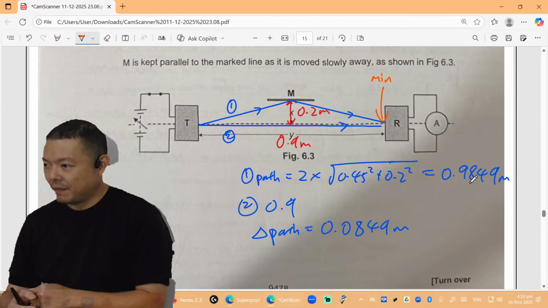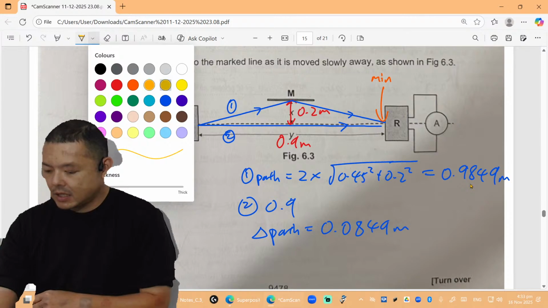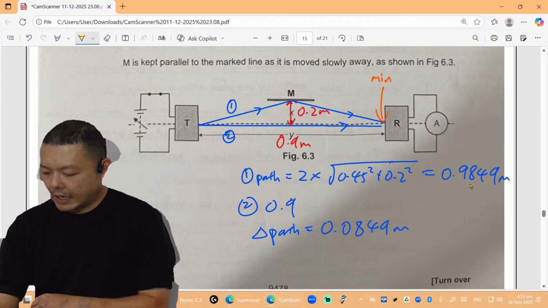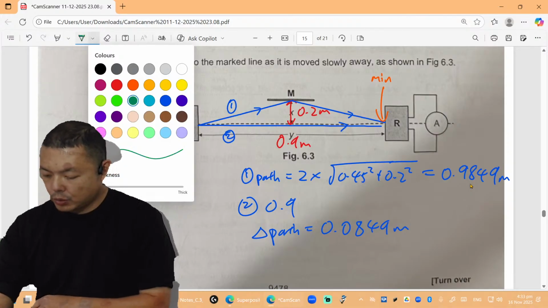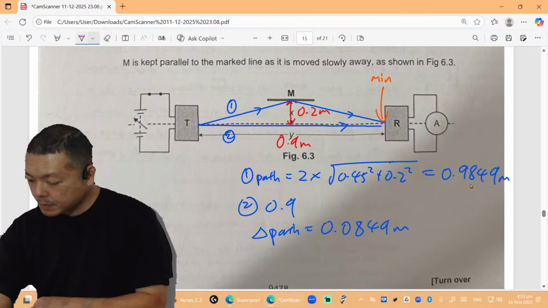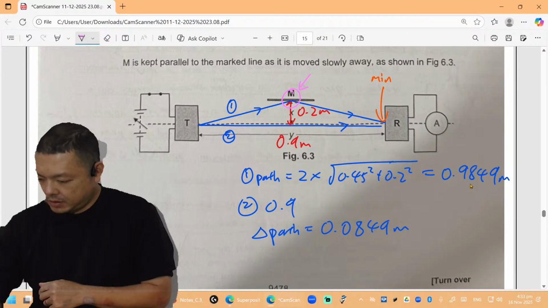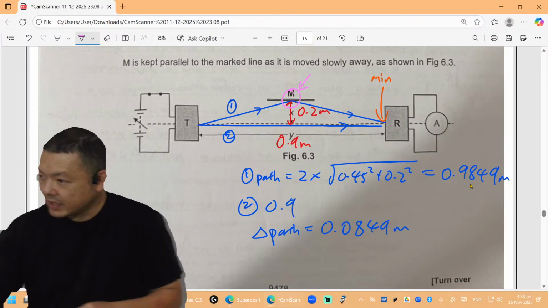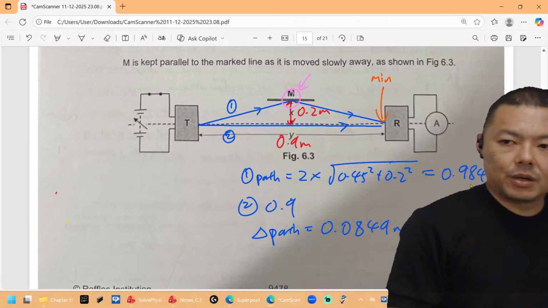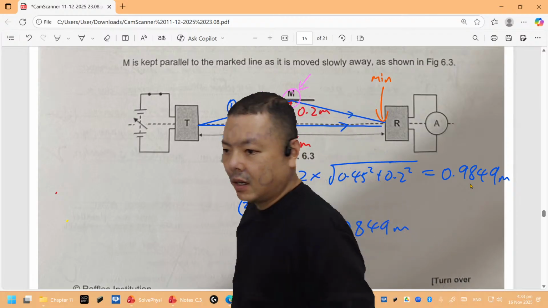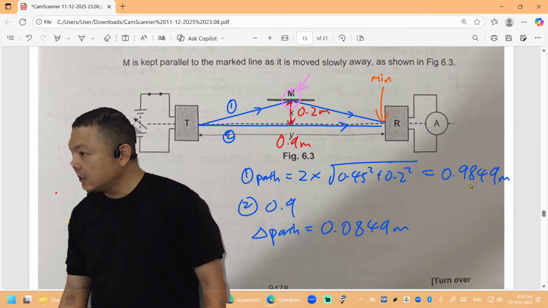Unfortunately, something else happens. I don't know whether your school did this, but by right, you're supposed to have this: when there's a reflection, there's actually a phase change. Did they do that? No, they didn't. The answer key says that there's no phase change at the reflection.